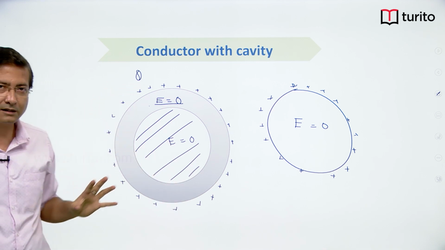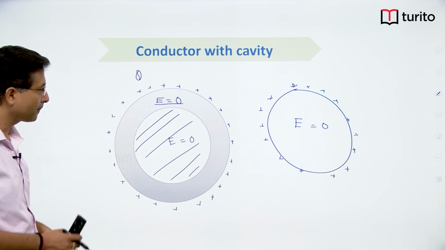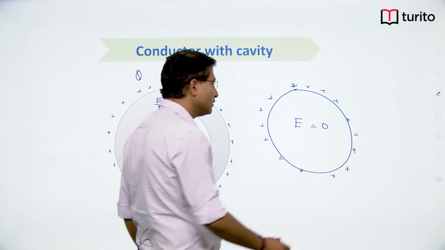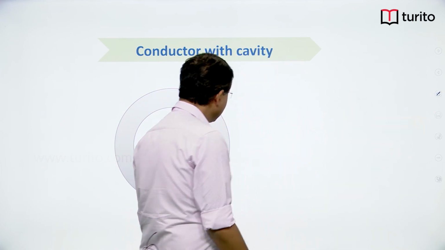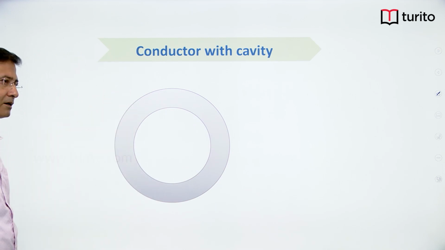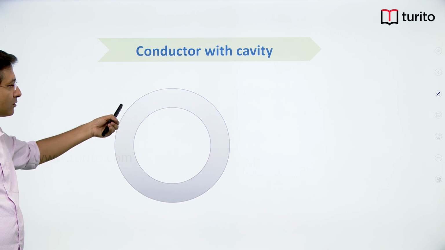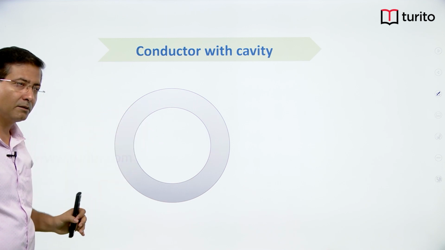Extra charge or excess charge cannot reside inside the conductor, right. So this is about what will happen if I give charge to the conductor: the whole charge will appear on the surface, and because of that charge, inside the cavity and on the conductor, field will be 0.